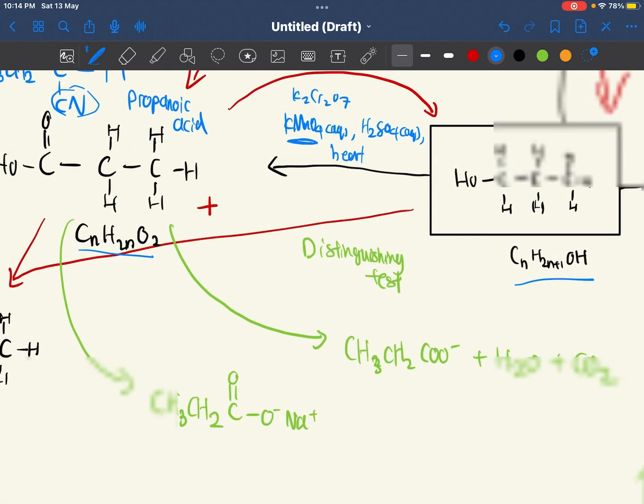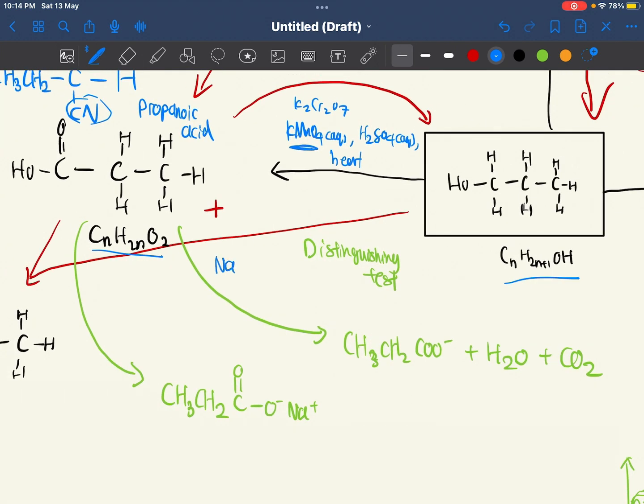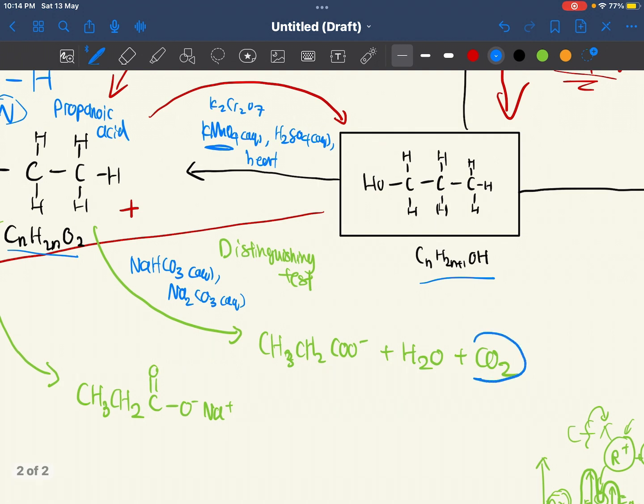In this case, we can add either NaHCO3 aqueous or Na2CO3 aqueous. If you recall your O level carbonate and acid, it will produce CO2 gas, then we have the salt and H2O.